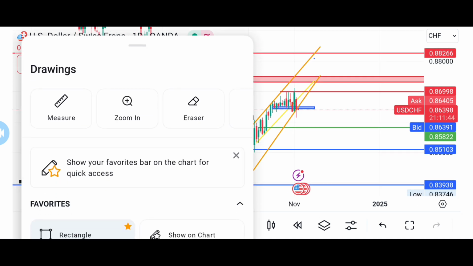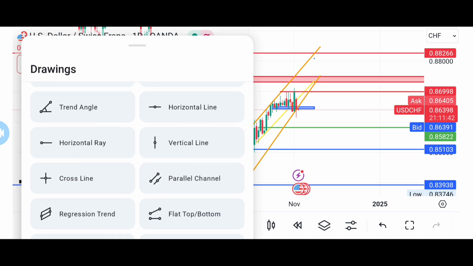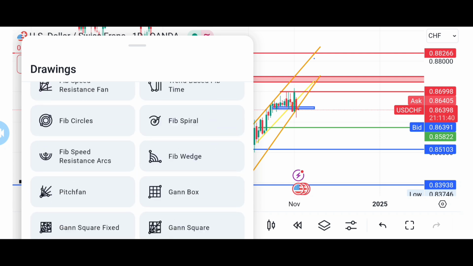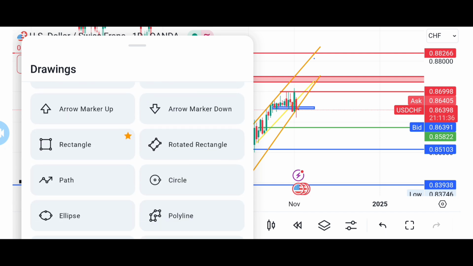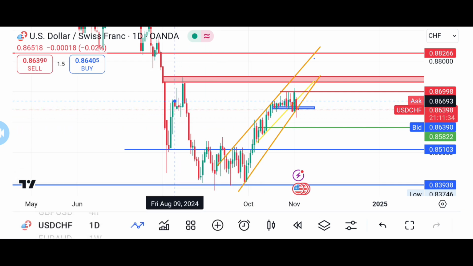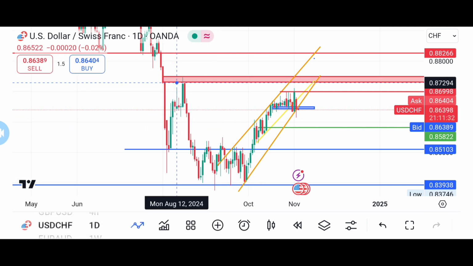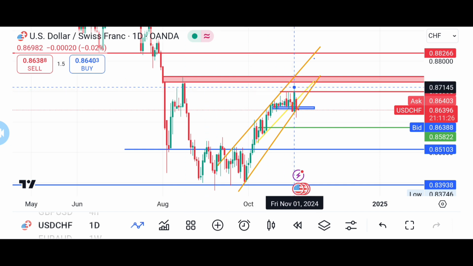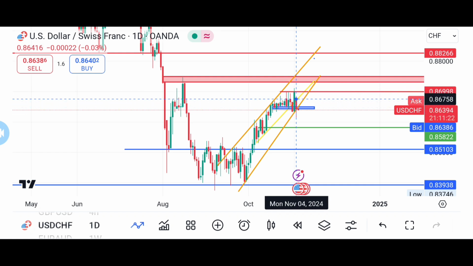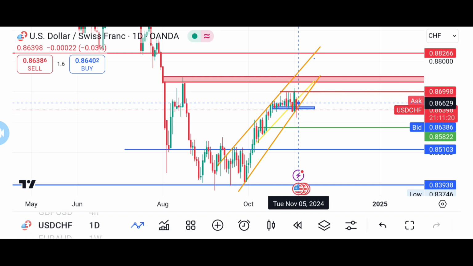I'm saying so because we are still below this high. We have not touched this high, but the price was nearly touching it before we saw a dip.